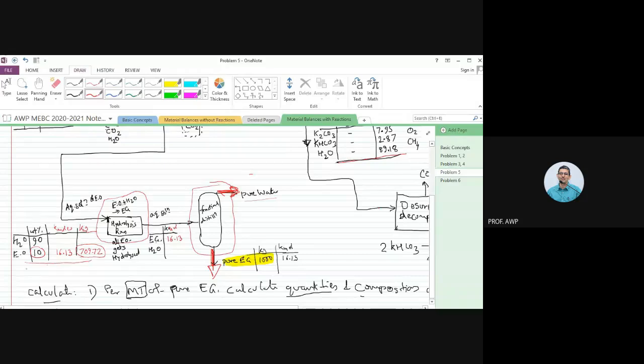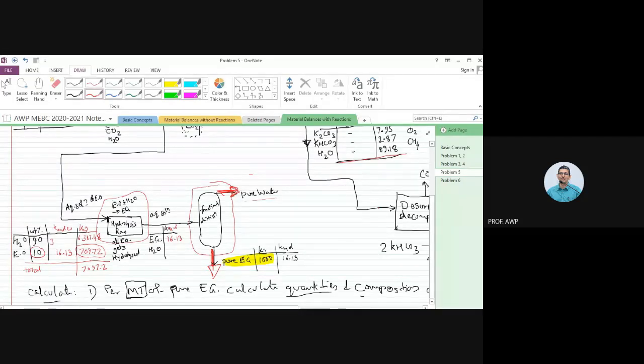So the total must be 7097.2 kilograms, and the water must be 90% of this total, which is 6387.48. In terms of kilomoles, I divide by 18.